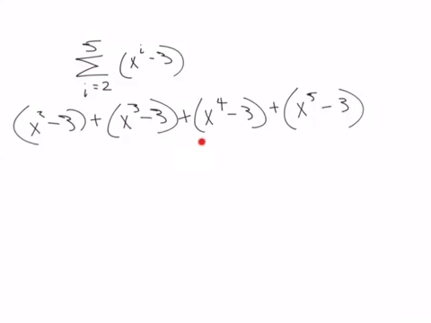Because we have variables with different exponents, we can't combine these. We can't combine an x squared with an x cubed. So we're just going to leave it the way it is because we can't solve it any further than that.